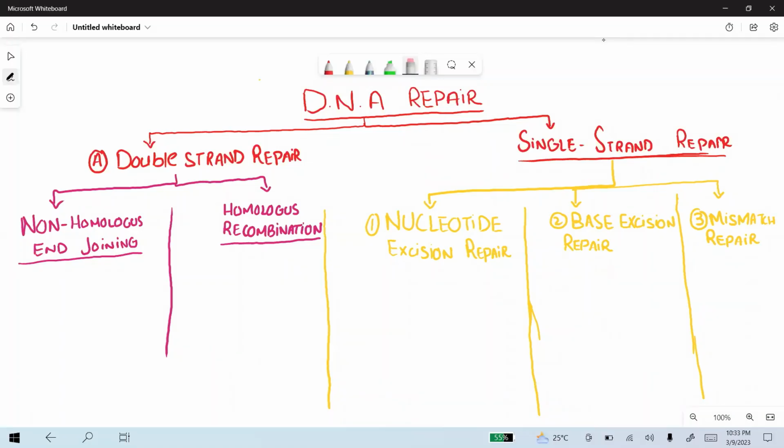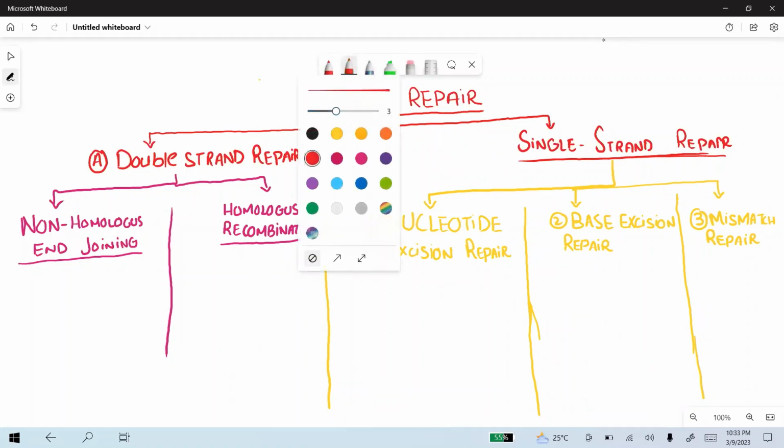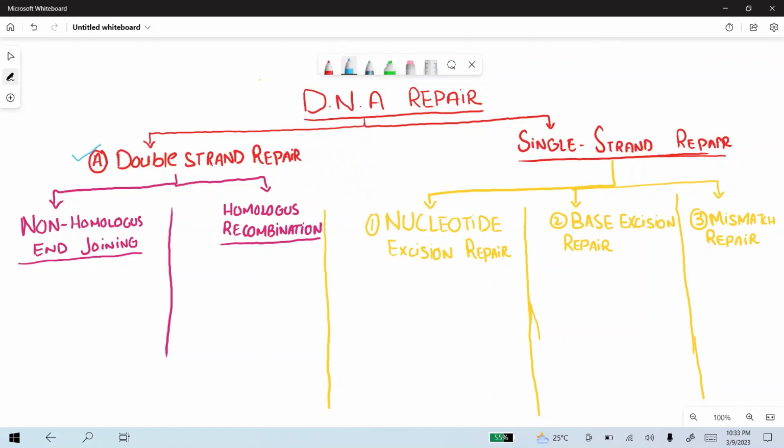So DNA repair can be classified into two types: double-stranded DNA repair and single-strand DNA repair. Single-strand DNA repair is further divided into three types: nucleotide excision repair, base excision repair, and mismatch repair.